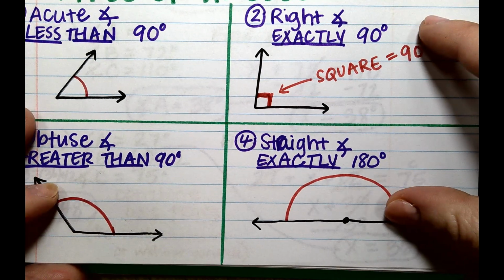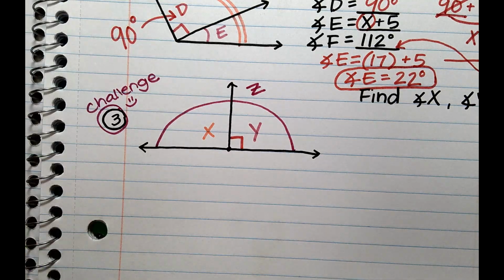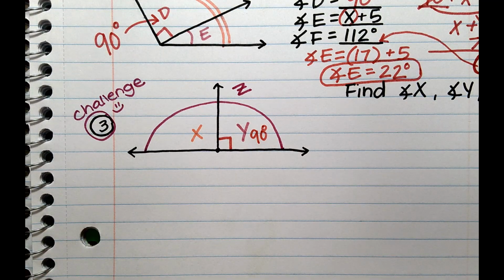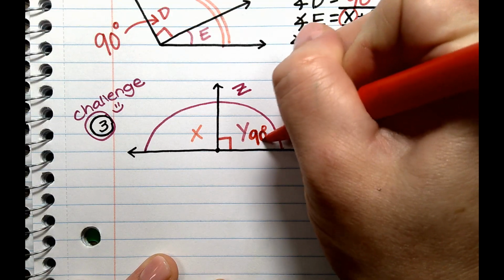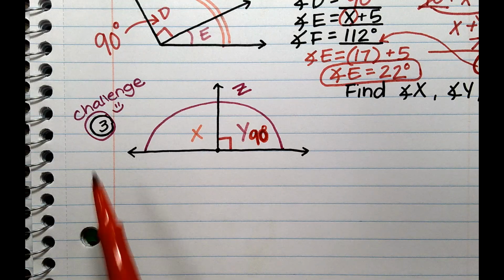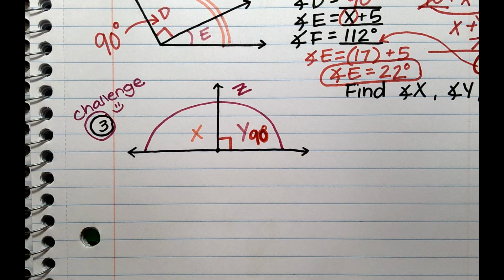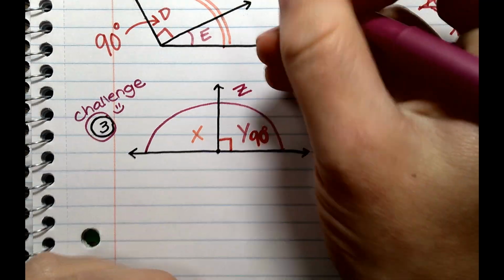Let's use this information to fill in that picture. I'm going to start with, I see a box, I see a square. This is 90 degrees. Angle Y is 90 degrees. I don't know X yet, but do I know Z? Yes, Z is that straight angle. It's 180 degrees.